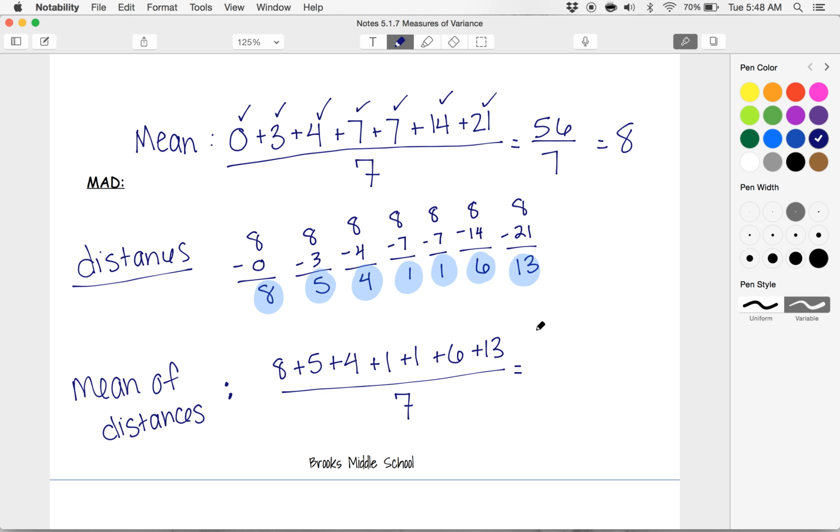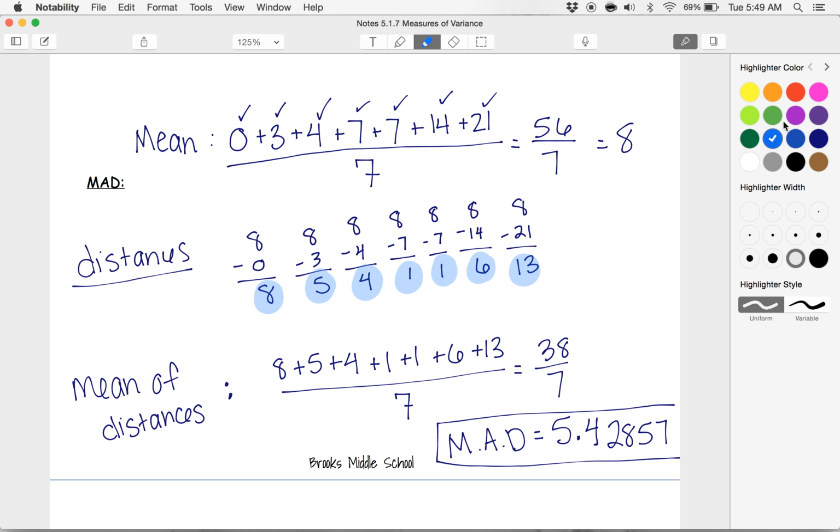So 8 plus 5 plus 4 plus 1 plus 1 plus 6 plus 13 gives me 38 over 7, which gives me a crazy number. MAD equals 5.42857. It keeps going on forever and ever, but I'm going to stop right here. And that is my MAD.